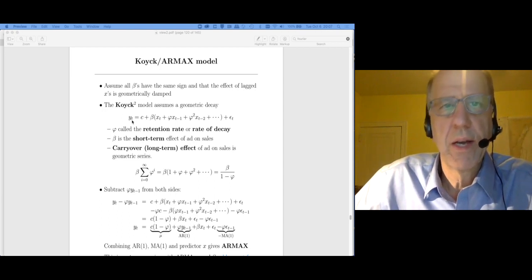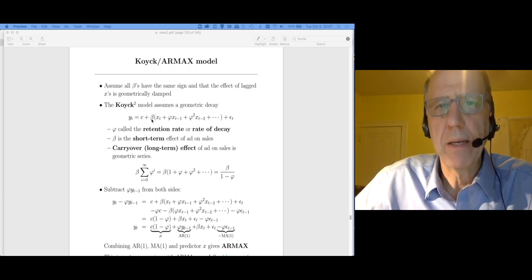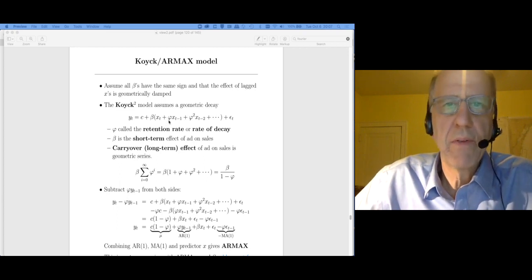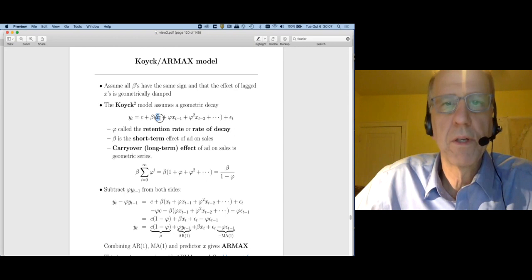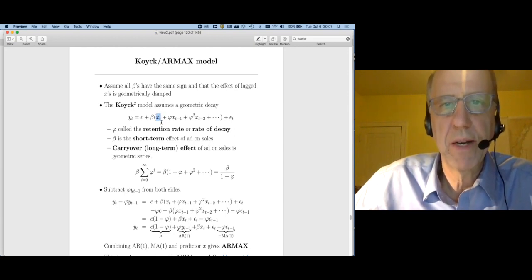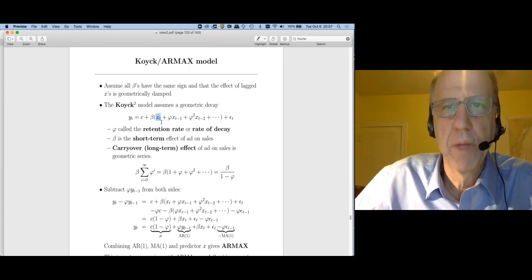Our sales in time period t is some constant, so think of this as an intercept, plus a beta. So beta is going to be a slope, so it's the effect of advertising, if you will, times this is what advertising is. So we're going to give the current amount of advertising full strength.